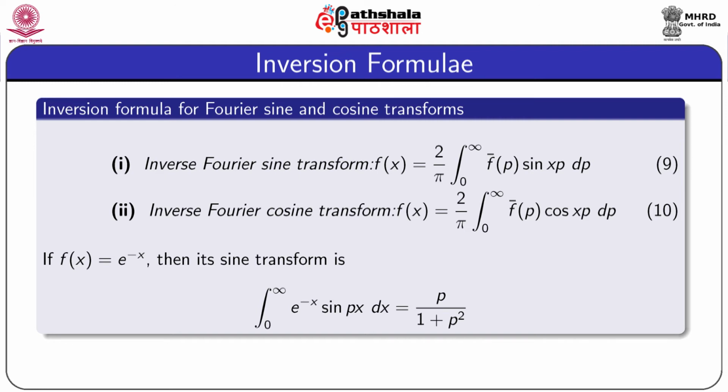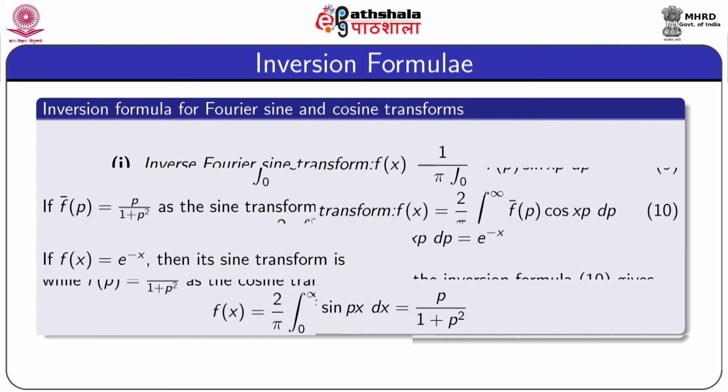If f(x) equals e to the power minus x, then its sine transform is integration 0 to infinity e to the power minus x sine p x dx. After integration we get its value as p divided by 1 plus p square.